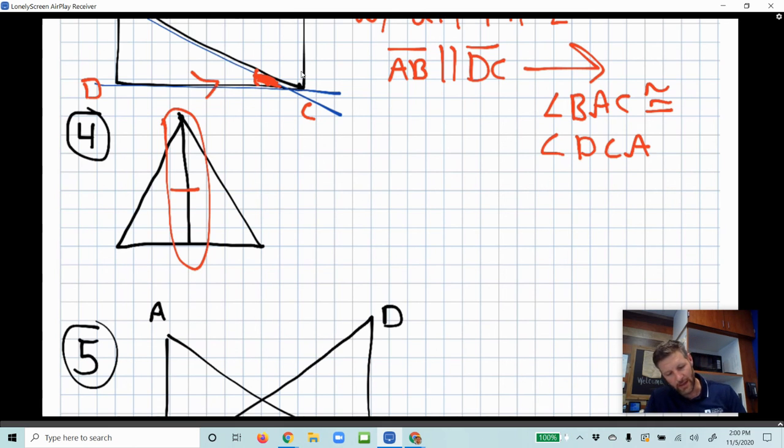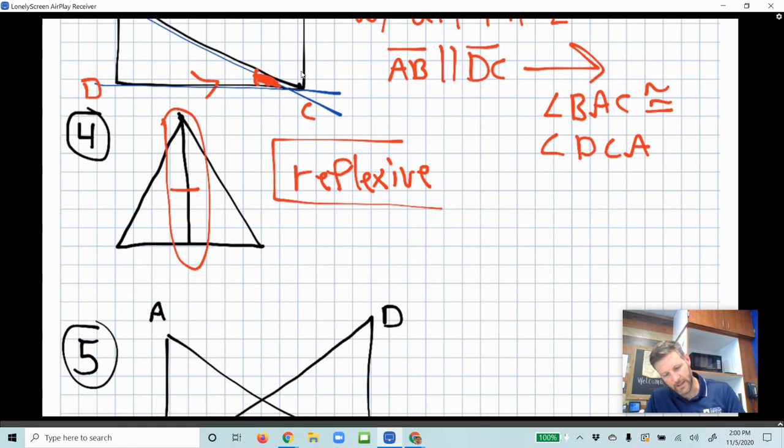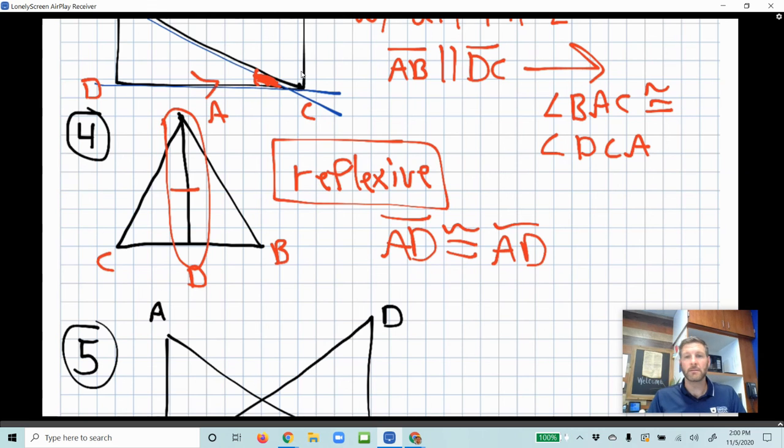And so we're going to say that is the reflexive principle. Again, maybe I'll go ahead and label this A, B, C, D, but that would allow you to say that line AD is congruent to line AD.